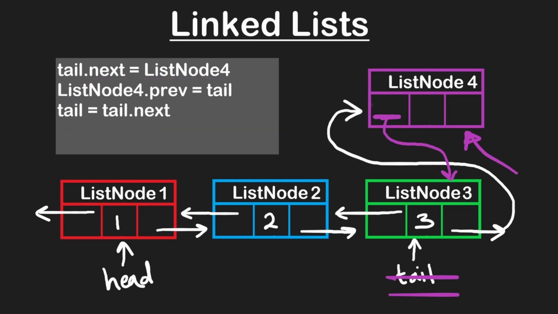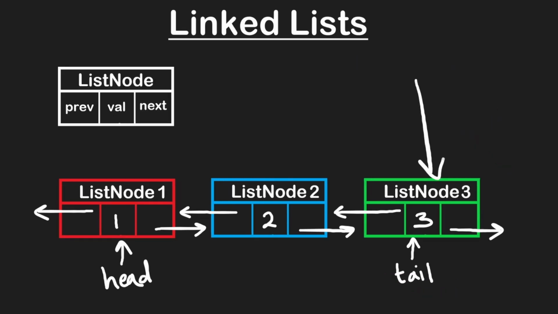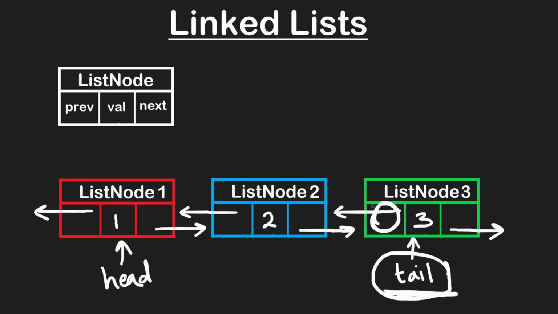So now let's look at removing a node. Let's remove the last node from our list, and it's a little bit easier with a doubly linked list because we're allowed to look backwards. Assuming we only have a pointer to the tail, that's actually all we need. We don't need a pointer to the previous node because from our tail, we can follow the previous pointer and it's going to take us to the previous node.